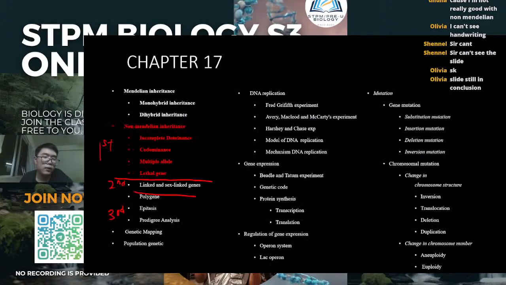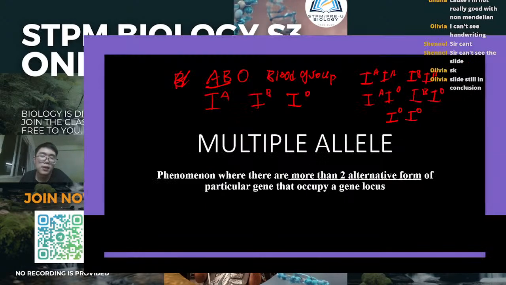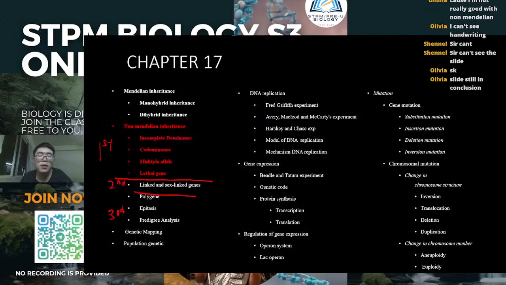So there are four types of non-Mendelian inheritance: incomplete dominance, codominance, multiple allele, and also lethal gene. If you have any question, you can ask now, and I will make a conclusion. So incomplete dominance, non-Mendelian inheritance is totally different from Mendel.